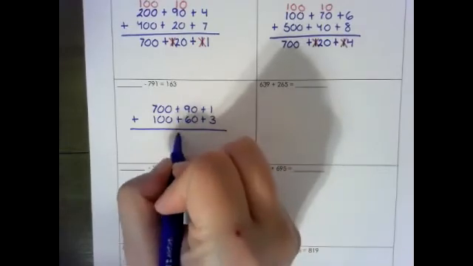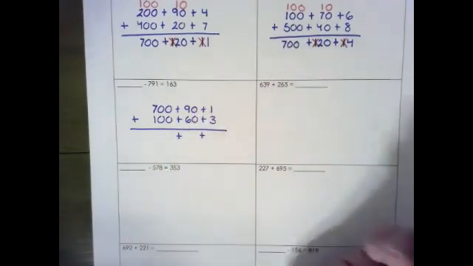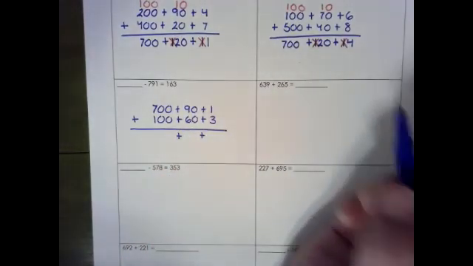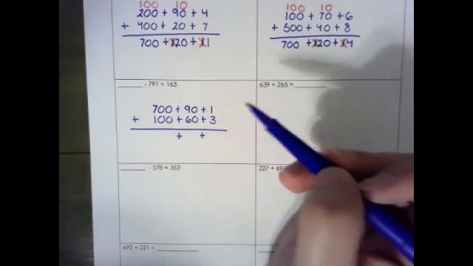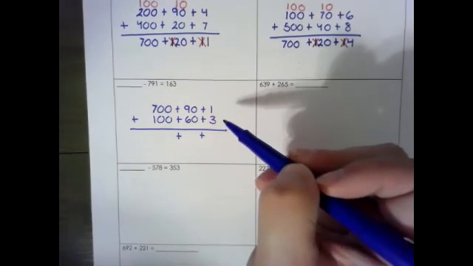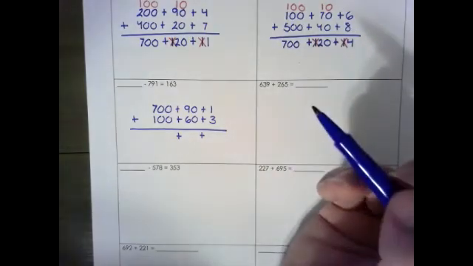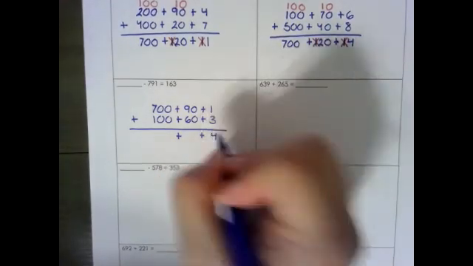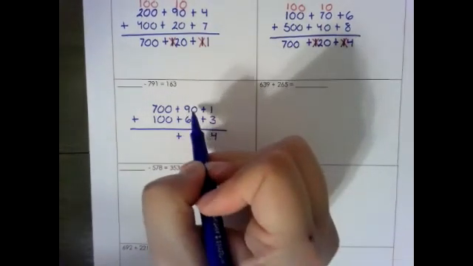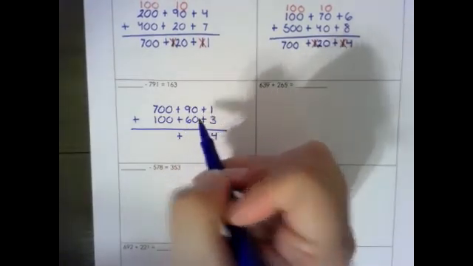Bring down your plus signs to separate your place values. Start in the, you've got it, ones place. 1 plus 3 is 4. Right on. 90 plus 60.